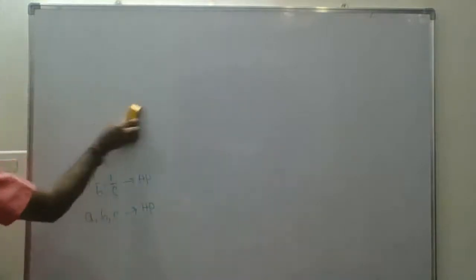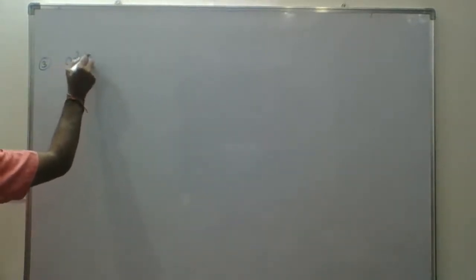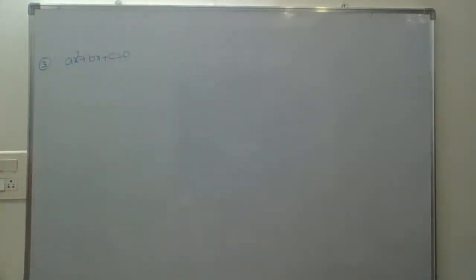The roots of the equation ax square plus bx plus c is equal to 0 are consecutive integers, then dash.